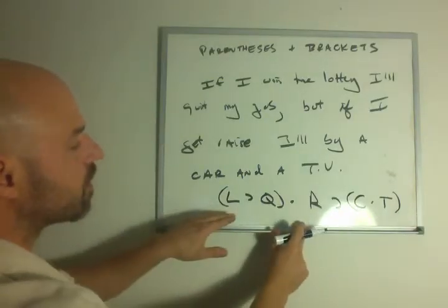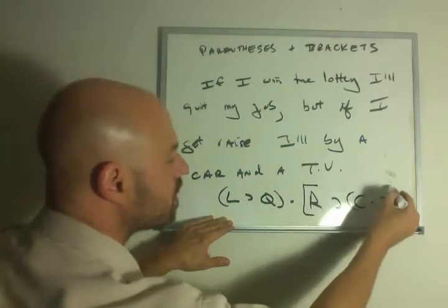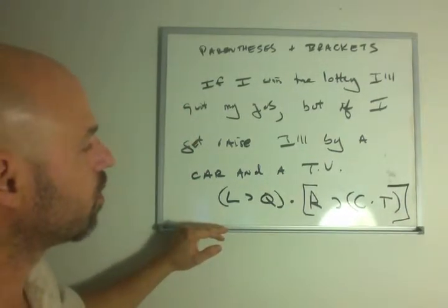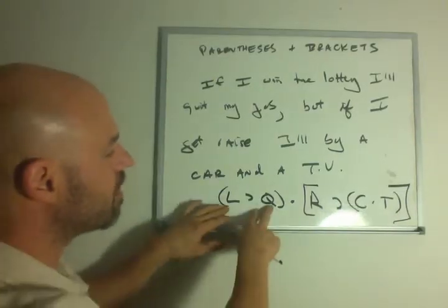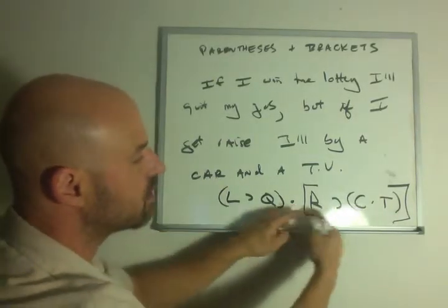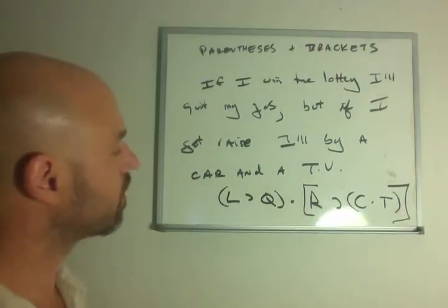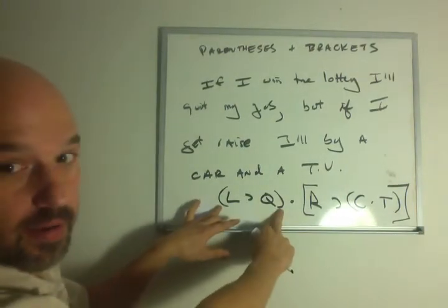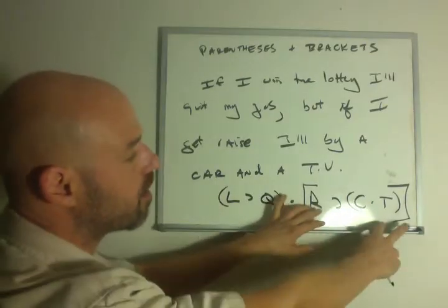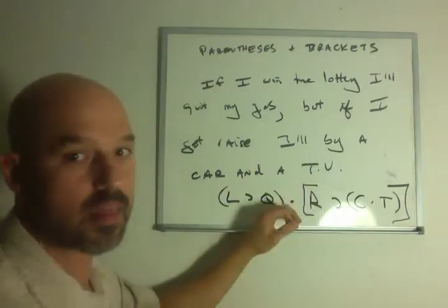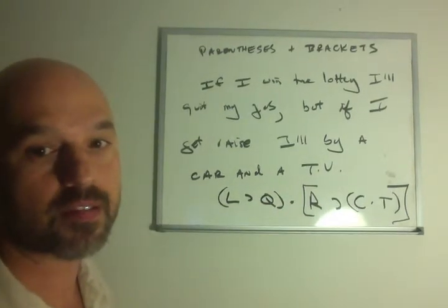But notice that this needs to be bracketed off to make sense out of this statement. Right? What we're trying to say here is that this is true and all of this is true. So this is basically an and statement, right? With an if-then on one side, okay, and an if-then on the other that happens to include two things in the then portion of the if-then statement.